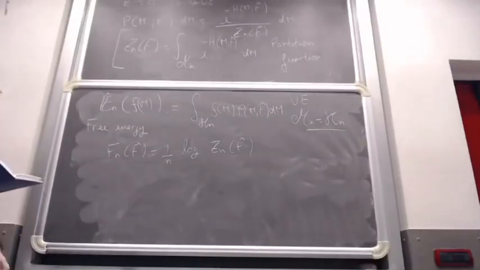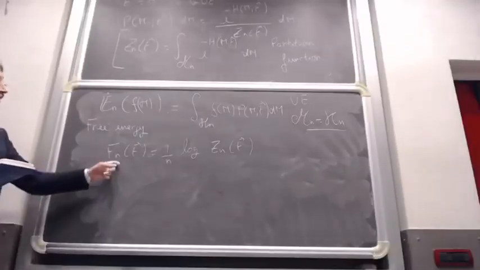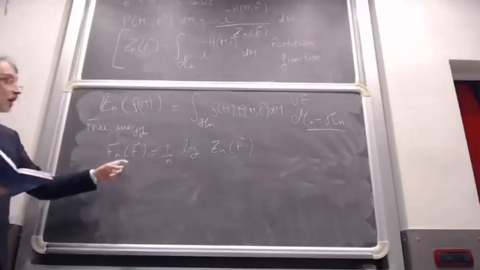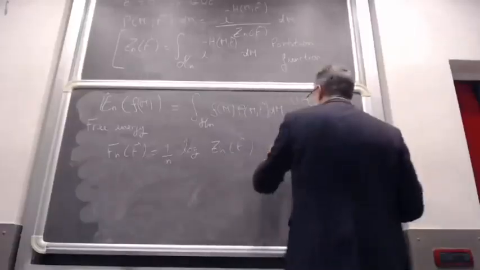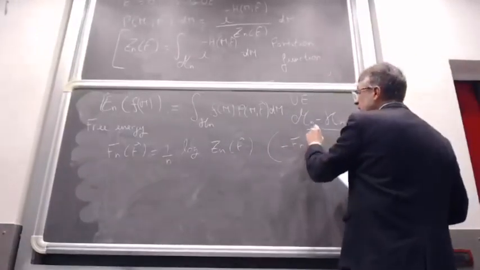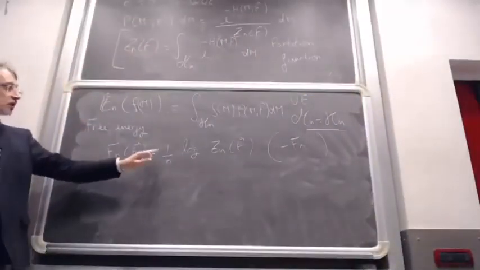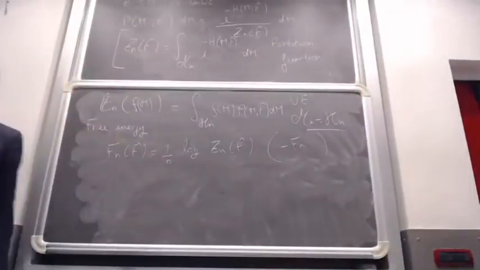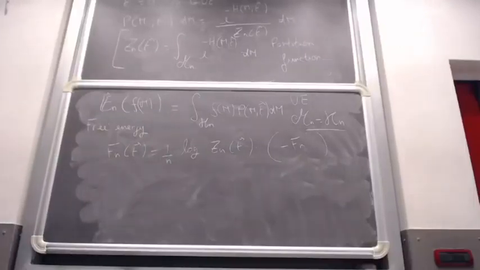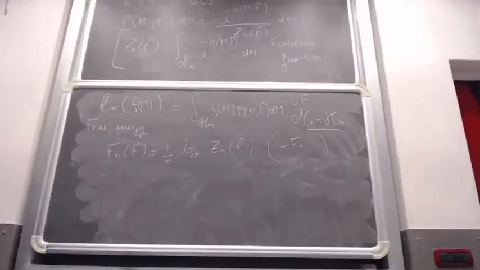So small n is the order of the matrices. And once you define the partition function this way, as I said before, minus the physical partition function would be minus Fn. In the physics literature you would have a minus in front in the definition of the partition function, but I will stick to this notation.